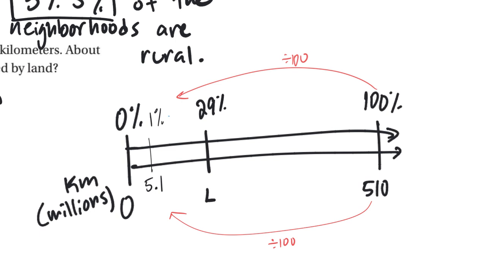Then to get to 29%, just multiply by 29 and multiply this by 29. I'm just going to verify on my calculator. 5.1 times 29, we better get the answer we just got. Same answer.